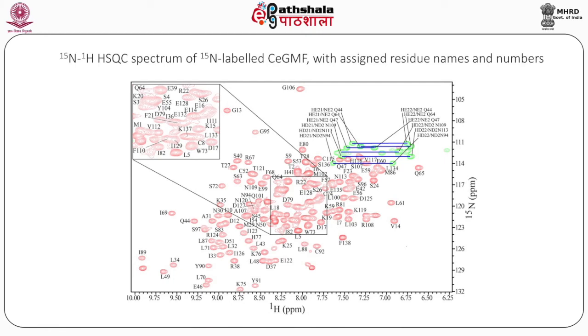So, by this analysis of various backbone assignments, we are now able to assign the amide NH peaks to their respective positions in the sequence. The peaks in green are the side chain NH2s and they are labeled, for example, HE21, NE2 of Q44 and HE22, NE2 of Q44 and so on and so forth.